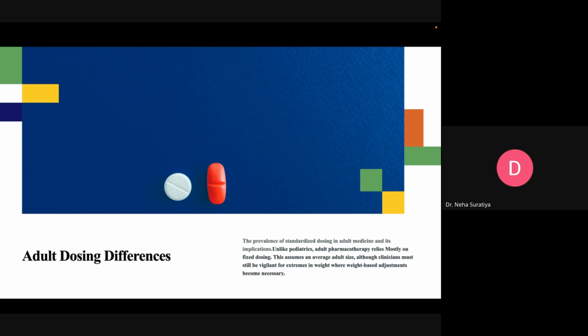But this does not mean that weight is irrelevant, guys. Weight-based dosing is still needed in adults. In which scenario? When the patient is extremely obese, when the patient is severely underweight, or when the drug has a narrow therapeutic index. In this scenario, mg by kg will help you. So fixed dosing works for average adults, but not with extreme conditions like this.